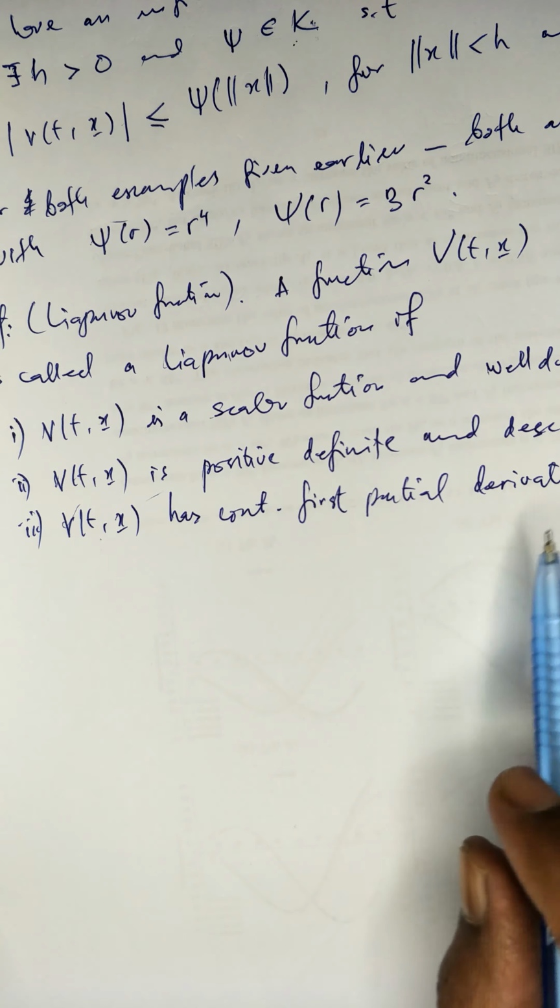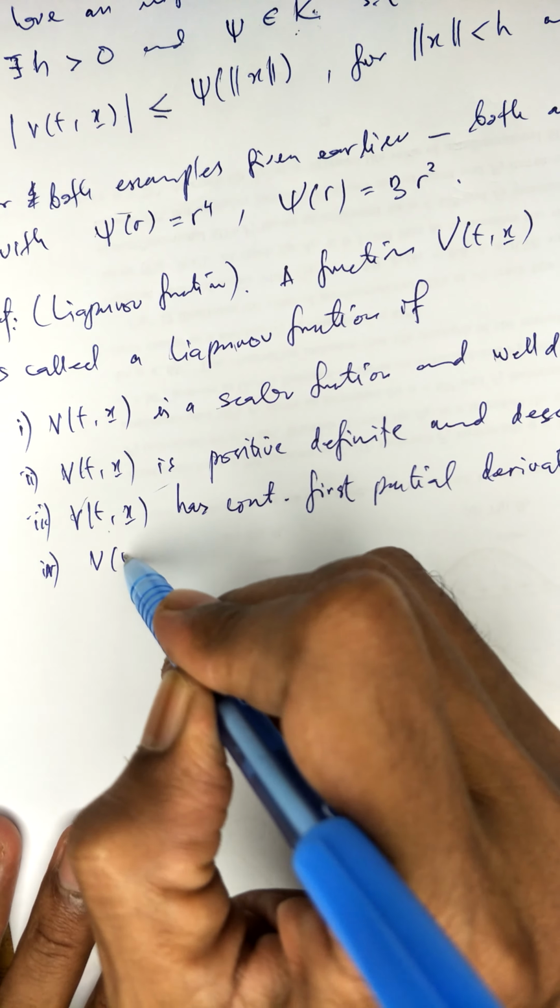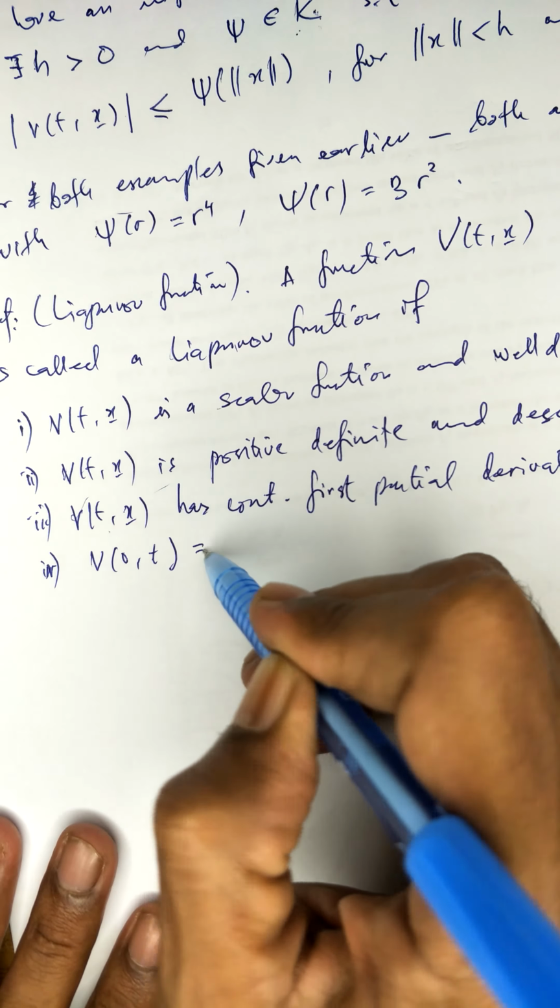Condition number 4, we have V(0, t) equal to 0 for all t positive.